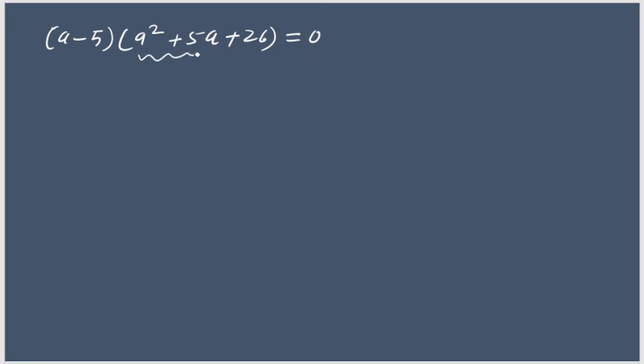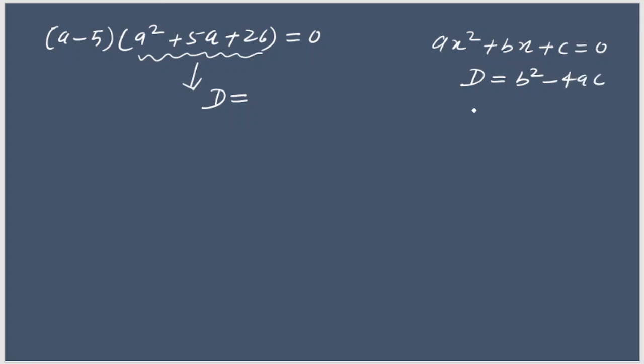If you look at this quadratic term, I hope you are aware of the discriminant. If you have something like ax square plus bx plus c is equal to 0, its discriminant is defined as b square minus 4ac, and if the discriminant is less than 0, it means it has no real solution.